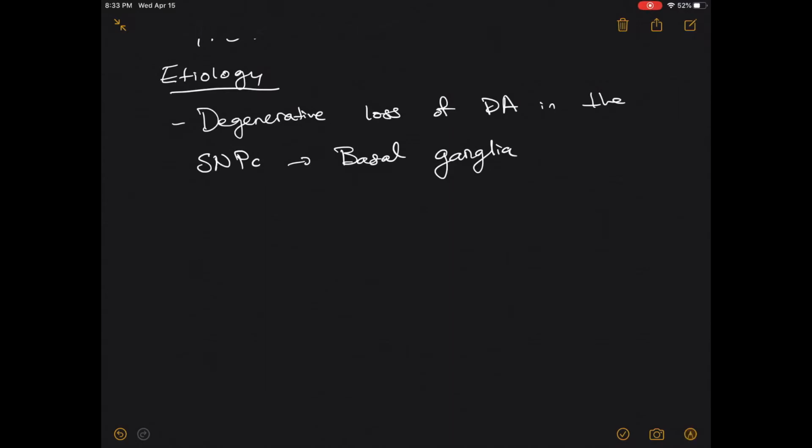The basal ganglia is involved in almost all types of movements in humans. It is responsible for postural corrections, alternating movements, spontaneously occurring movements, as well as planning and motivation in movements.